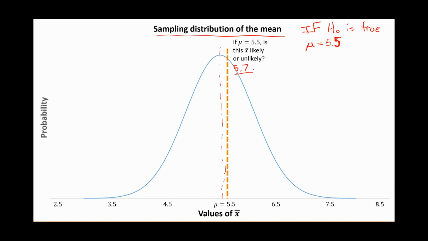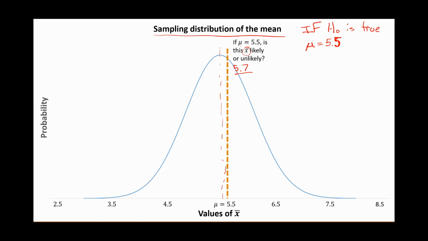We'd say, okay, if our null hypothesis is true, that is, if the population mean really is equal to 5.5, do we think that this sample mean is likely or unlikely?